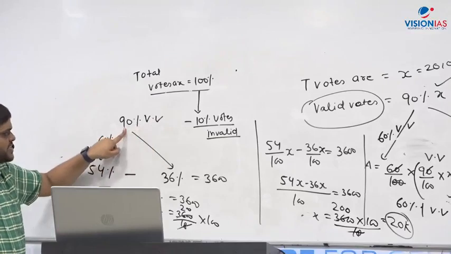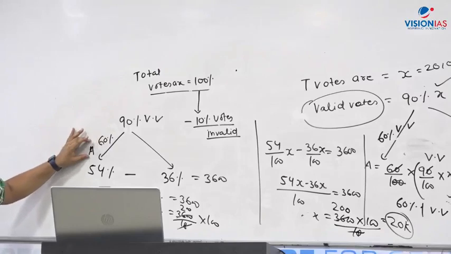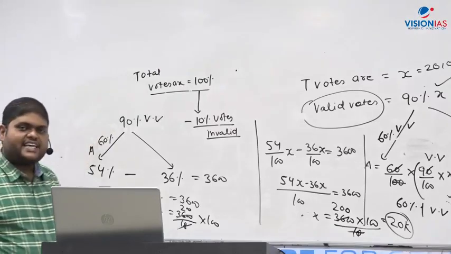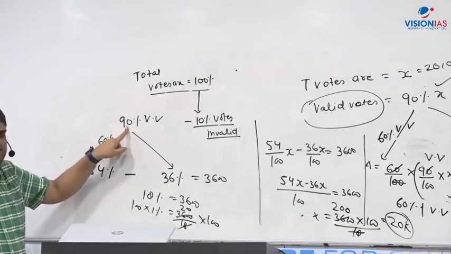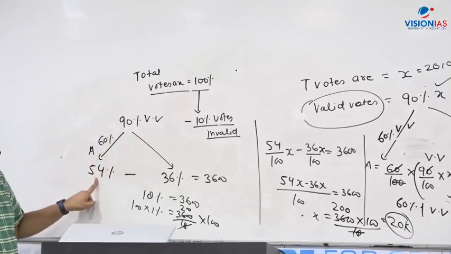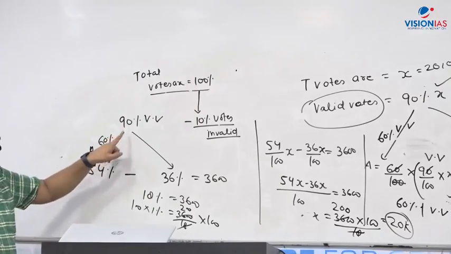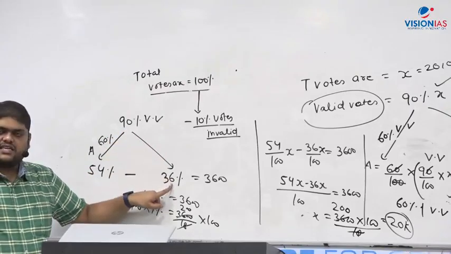Out of this 90%, A is getting 60% vote. So when A is getting 60% vote, how will I find out 60% of this? 10% is 9, 60% becomes 54. And B got 40%, so 10% is 9, 40% is 36.